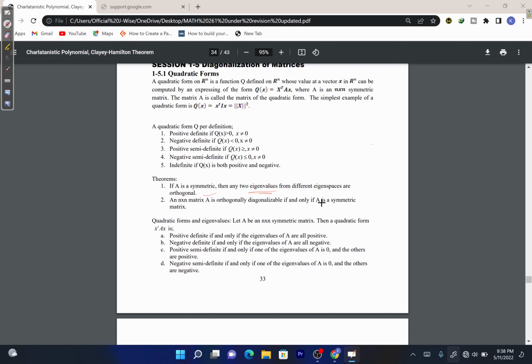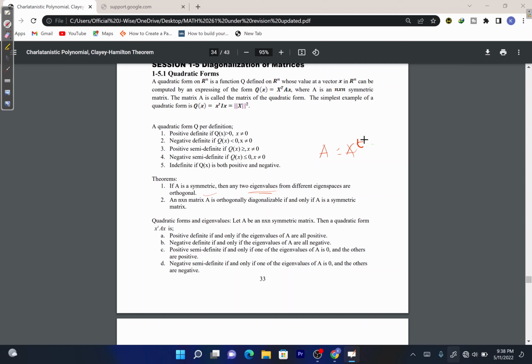When A is a square symmetric matrix, it means A has the same number of rows and columns, and A is equal to A transpose.